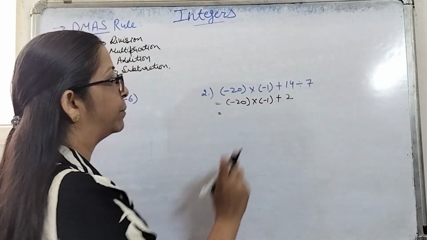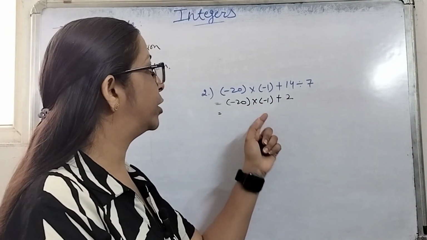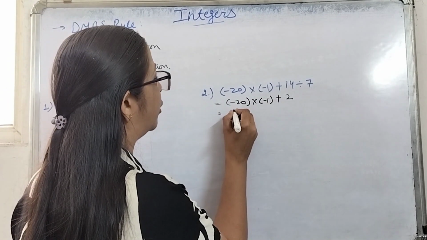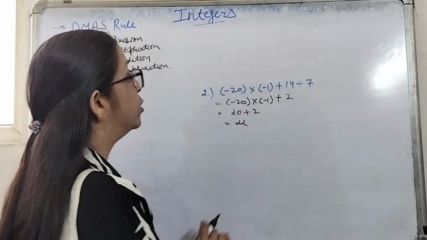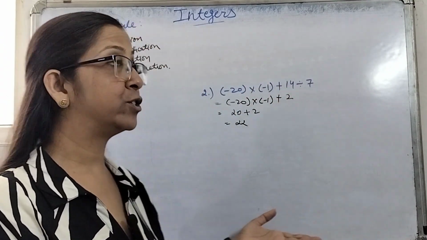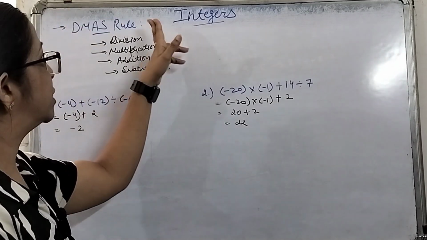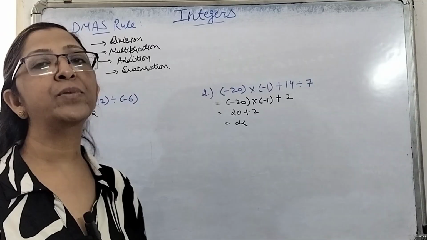Minus 20 multiplied by minus 1: both integers are negative, so the final product will be positive. So minus 20 multiplied by minus 1 will be positive 20. 20 plus 2 will be 22. So if there are multiple operations in a given expression, we follow the DMAS rule. That means first division, then multiplication, then addition and then subtraction.